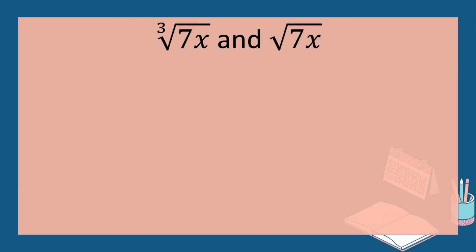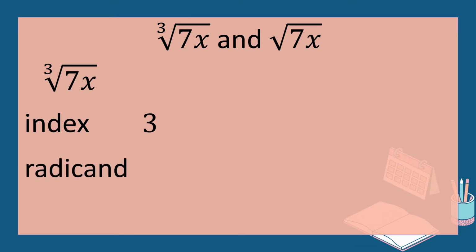For our last item, we have cube root of 7x and square root of 7x. We take first cube root of 7x. The index is equal to 3. The radicand is equal to 7x. We proceed to the next given radical expression, square root of 7x.